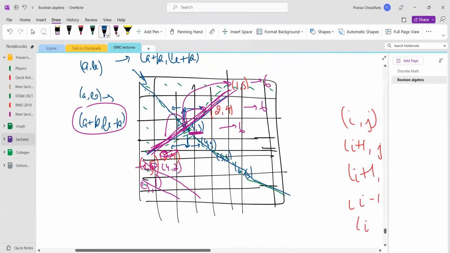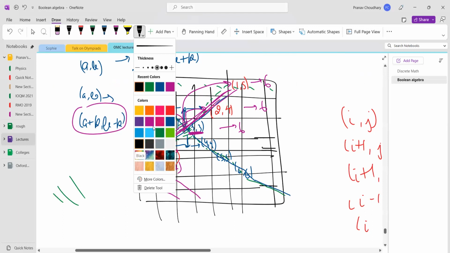Okay, so if you see this thing, I'll have to draw this again. We can see the diagonals in this direction in a different color.